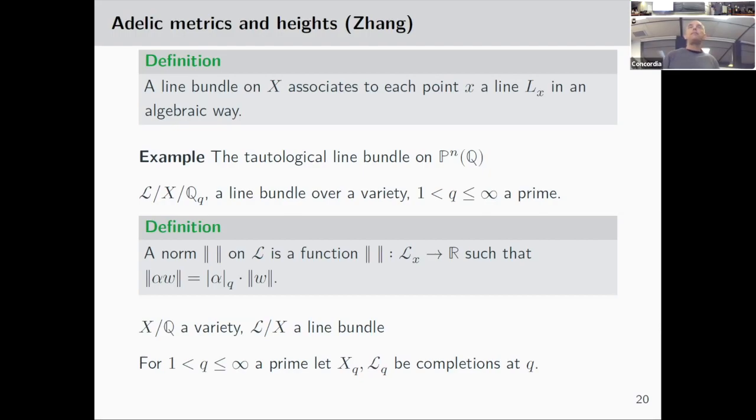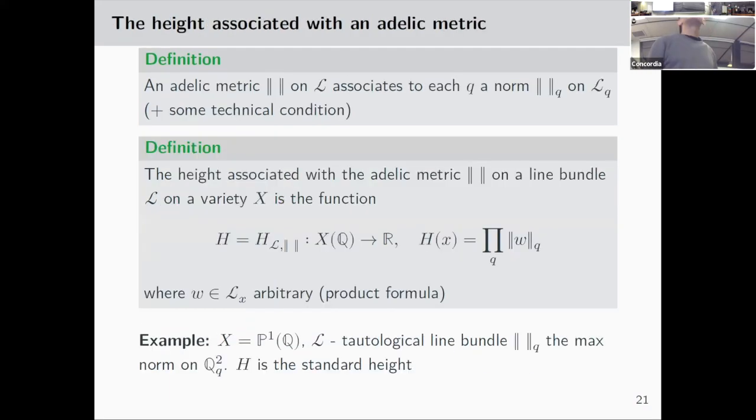So just take the same thing, but think about it as a variety over Q_p. And I make the definition that an adelic metric just means that I associate a norm at every prime p, and there's some technical condition which I won't go into that guarantees that the heights that come out are going to be well defined.